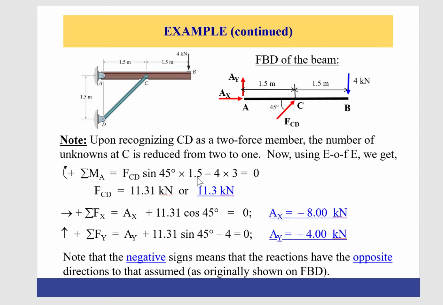At A is a typical hinge, so it has two unknowns, AX and AY, positive in this direction.